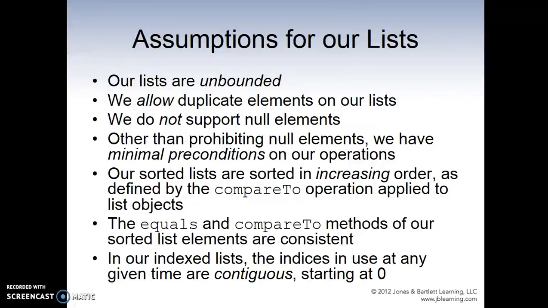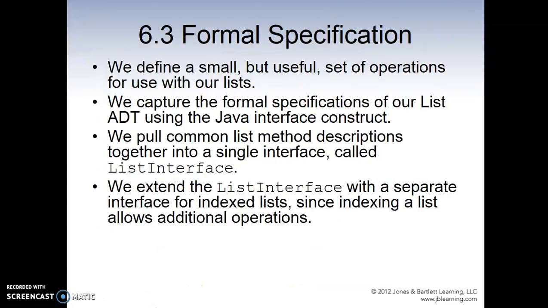Our sorted lists are sorted in increasing order, and compareTo is going to help. Equals and compareTo methods of our sorted list elements are consistent. If we talk about indexed list, the indices in use at any given time are contiguous, starting at 0. So we define a small but useful set of operations for use with our lists.